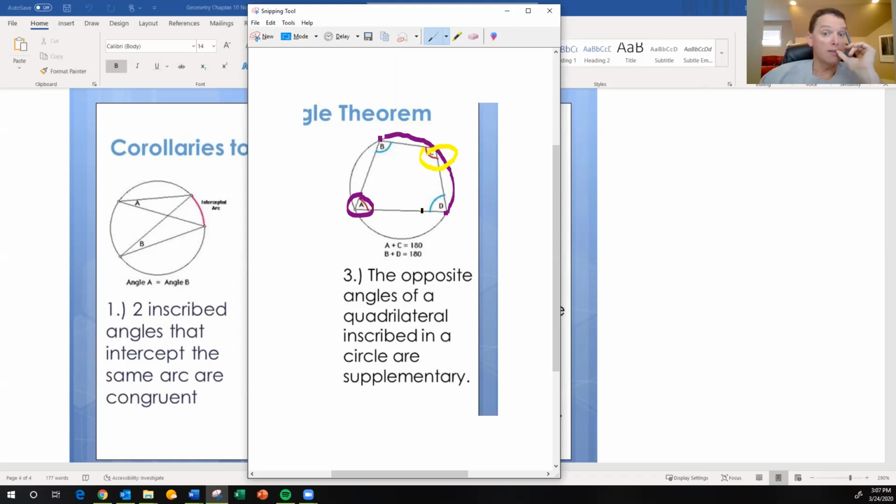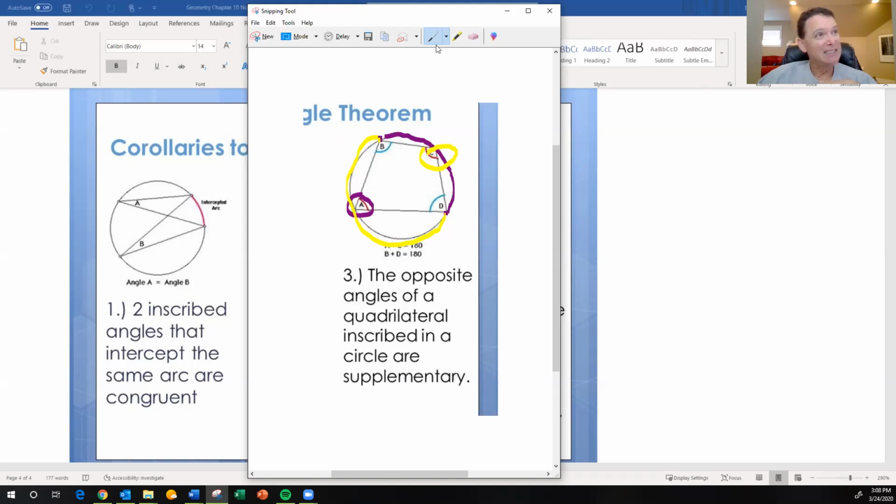See my colors? I chose the right colors. Angle C now cuts off this arc. And I don't know what that arc is. So I don't know what C is either. But I know that C is half of the yellow, A is half of the purple, and purple plus yellow make 360. So half of 360 has to be 180, so A and C have to equal 180.